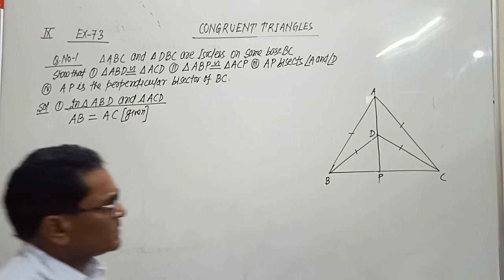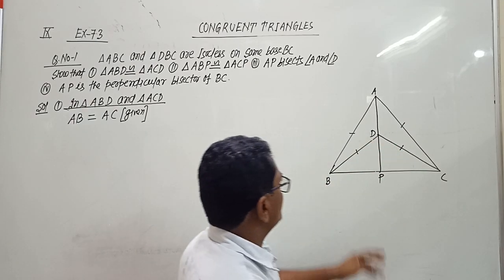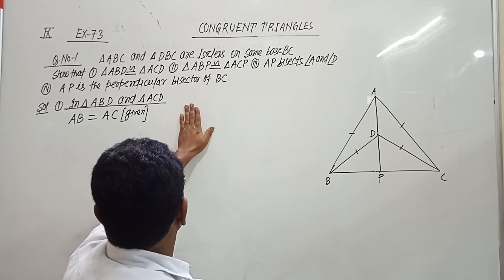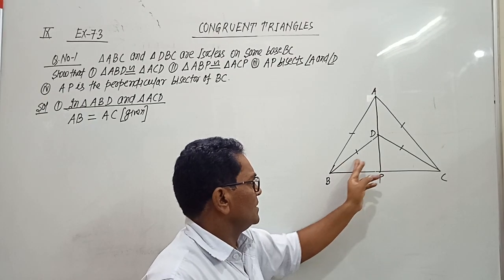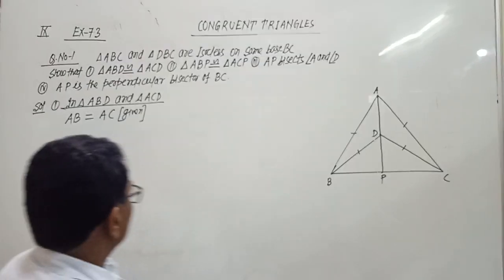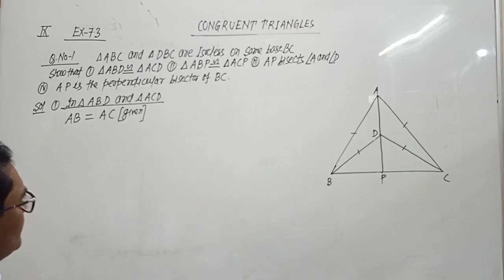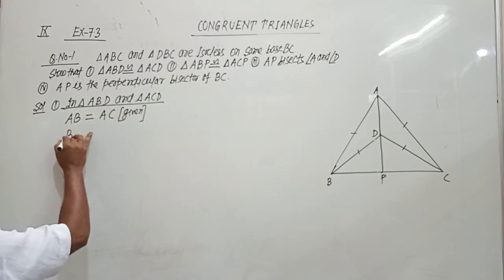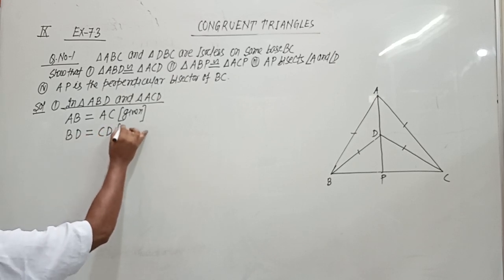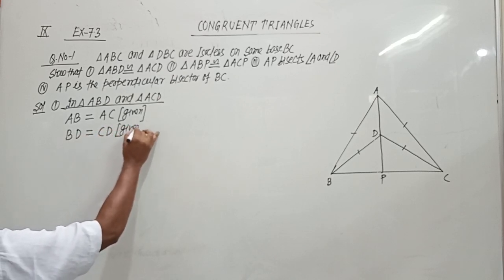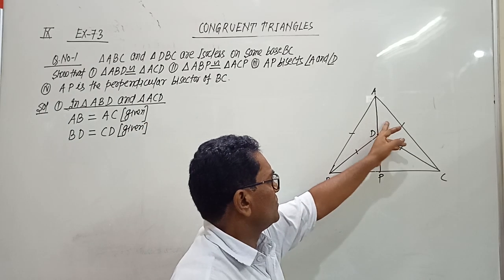Then BD equals CD, because we are also given that DBC is an isosceles triangle. So side BD equals CD. This is also given. And AD is a common side for both triangles.